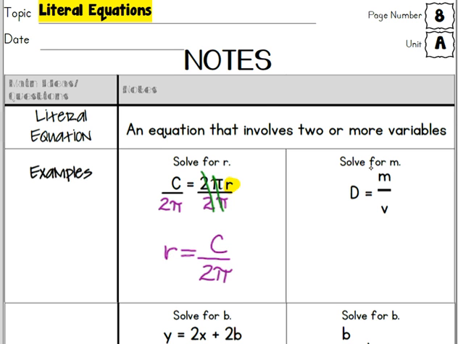When we look at the next one, it says solve for m. If our goal is to get m by itself, then we need to see what is happening to m. In this case, we have m divided by v. So we need to undo this division by v, and we are going to multiply by v.